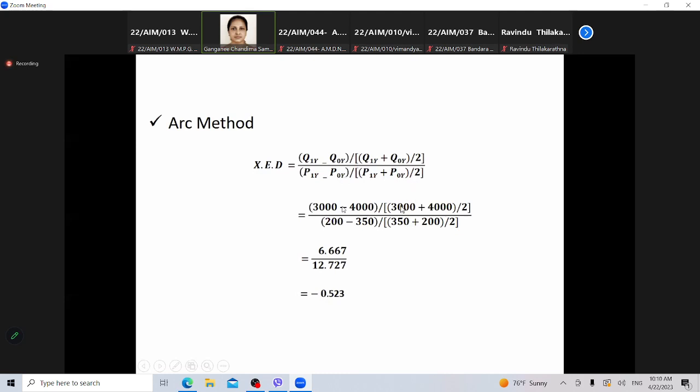You can see the initial and afterwards quantities, initial and afterwards prices, and the average. Difference divided by average. Now everybody understood? Yes, ma'am. Okay, very good.